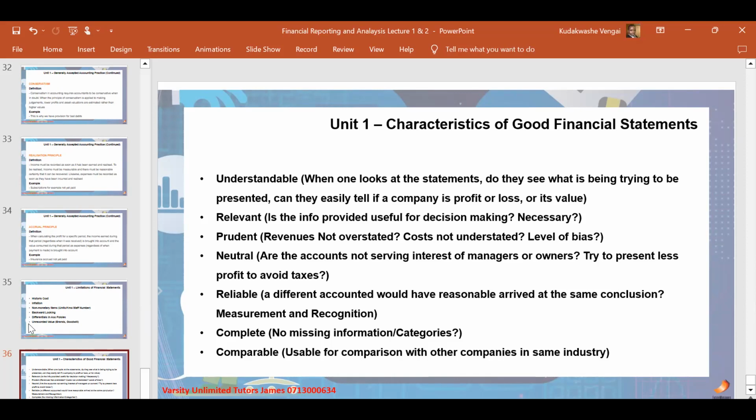It should be prudent. Prudent, remember the concept that we talked about, conservatism, right? There should be no revenues that are overstated and no costs that are understated, i.e., there should be no bias in the way we've presented them.